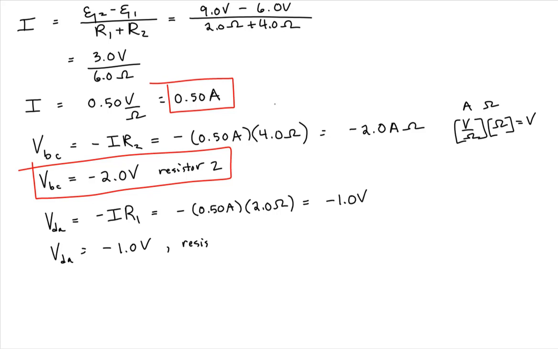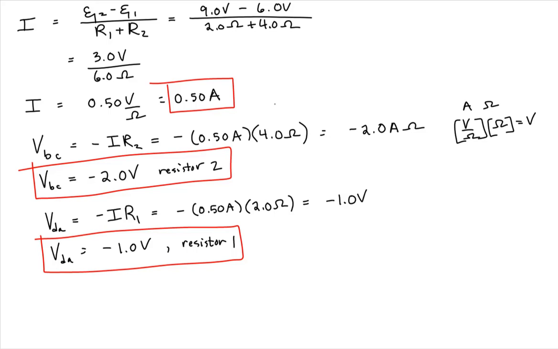And that makes sense because it's just a single loop. Both resistors have the same current. So the resistor that has the lower resistance will only have half the potential drop, in this case, as the resistor that has the higher resistance.